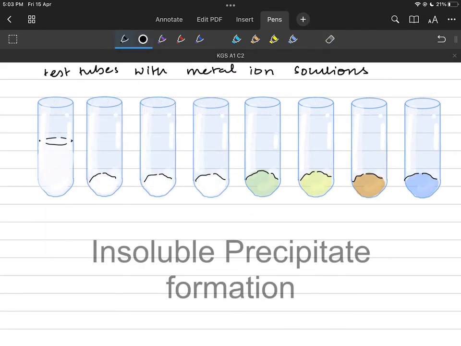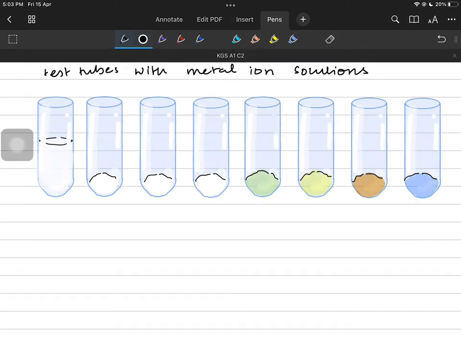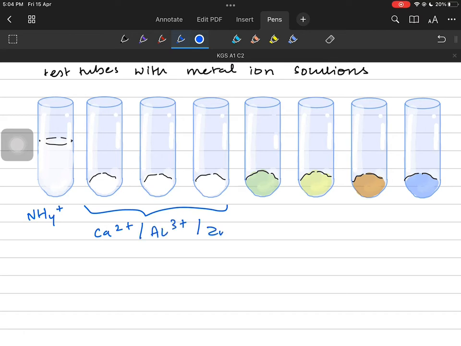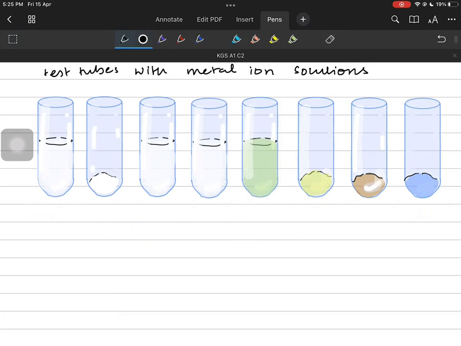We can see that precipitates have been formed in almost all test tubes except for one. The presence of white precipitates could indicate something which the absence of precipitate does not. White precipitates could mean calcium, aluminium, or zinc ions. Green precipitates could indicate chromium or iron 2+ ions. Brown precipitates and blue precipitates indicate Fe3+ and copper 2+.